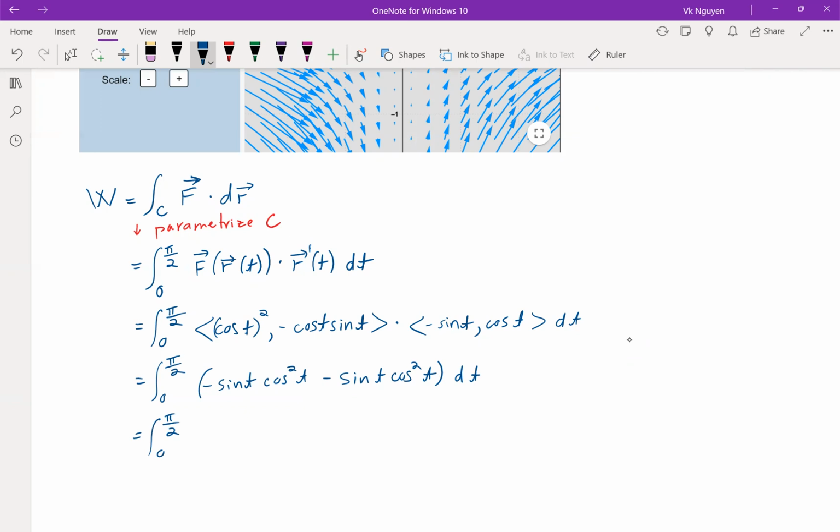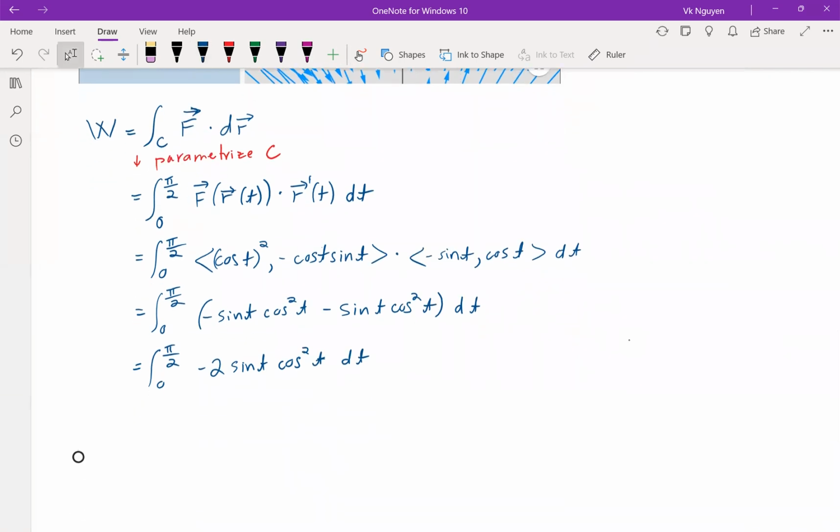I'm going to move the -2 outside, or you can just keep the -2, it doesn't matter. So 2 sine t cosine squared t dt, and then next just a substitution. Use u. The derivative of cosine is negative sine, so that's going to take care of the negative right here.